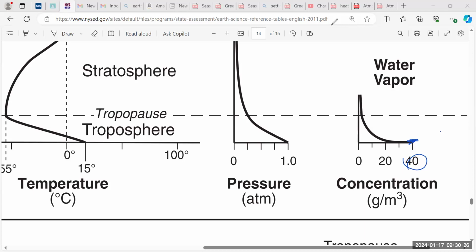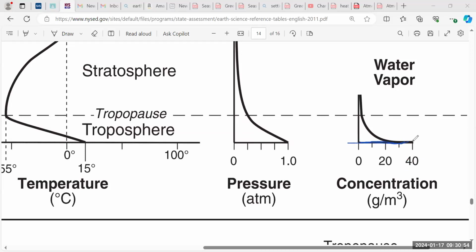So if the line is at the bottom where we get the most amount of water vapor, what layer am I still in? It's telling me I'm getting the most amount of water vapor on the ground, at the lowest altitude. So what layer of the atmosphere am I still in?